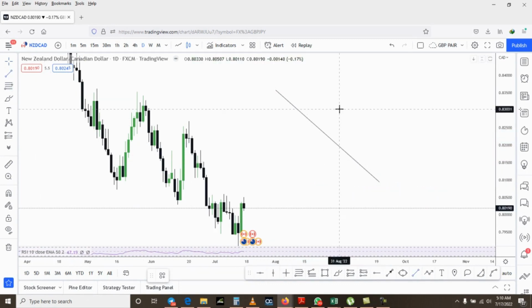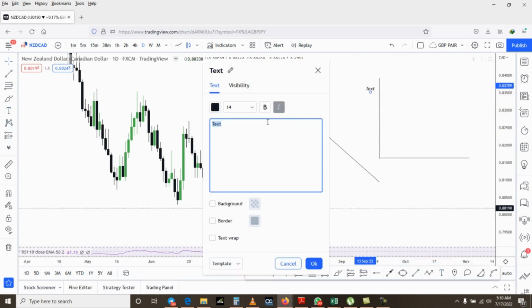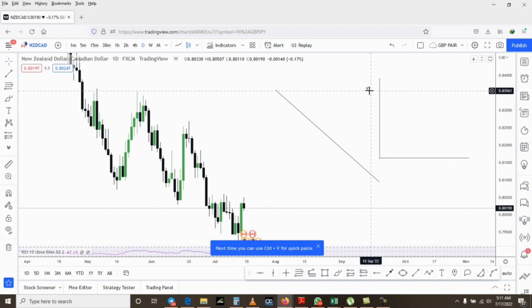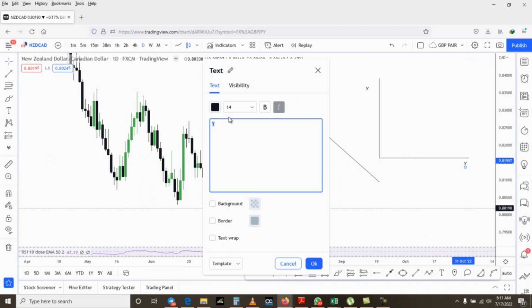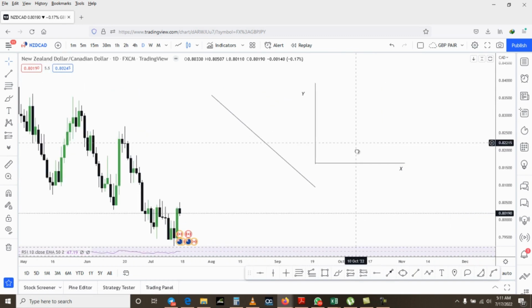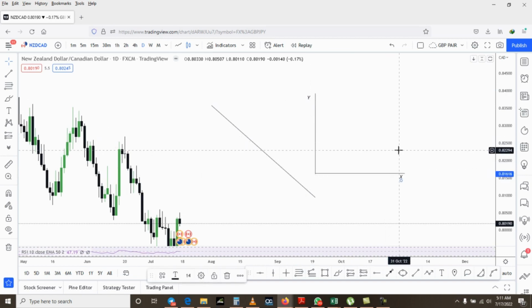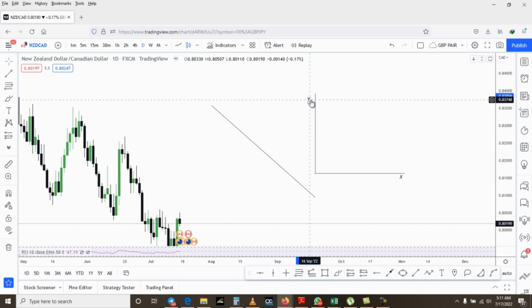Looking at a simple graph of two axes, where we have the y-axis and the x-axis, our graph from our maths class.